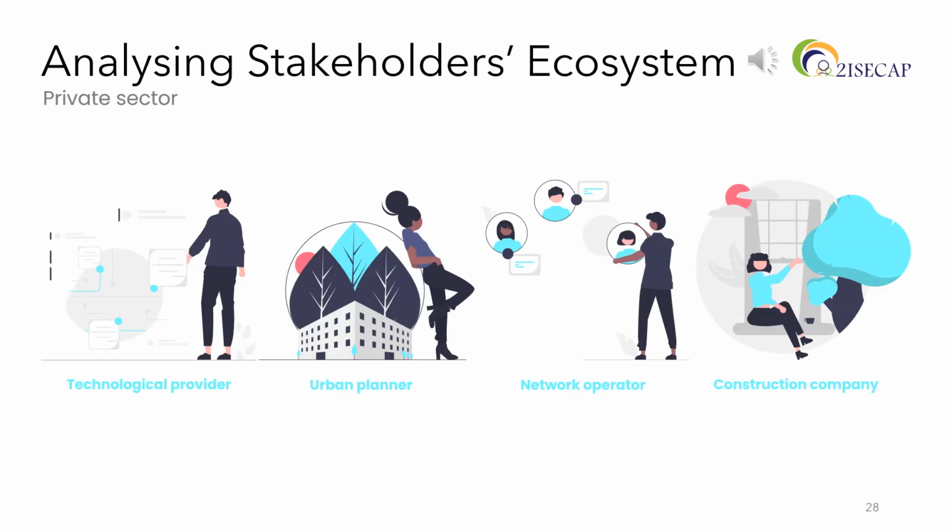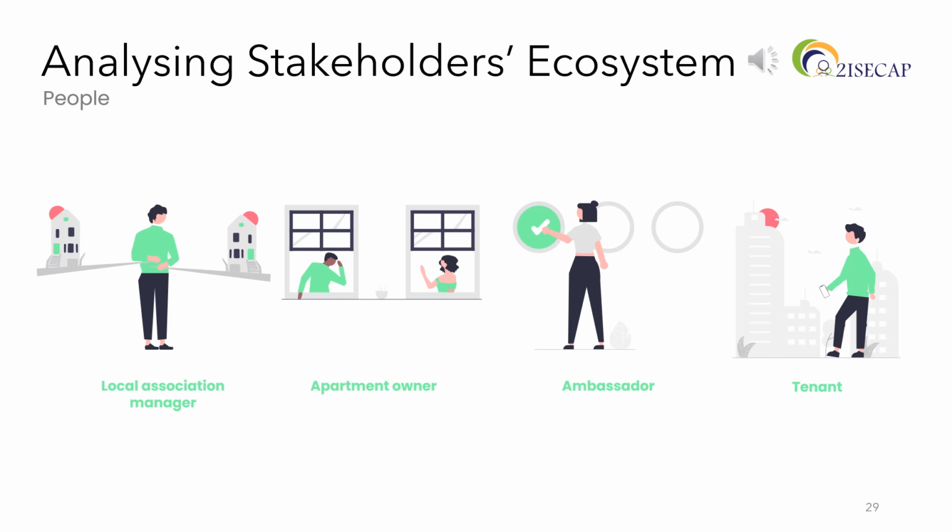We can imagine technological providers, urban planners, network operators, or different housing companies to feature in the private sector. And lastly, individuals such as housing association managers, property owners or tenants are all good examples of those that could be associated to the people group.